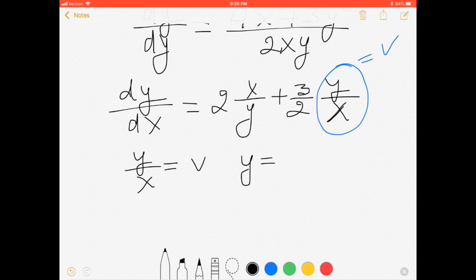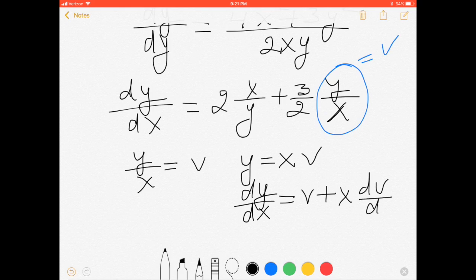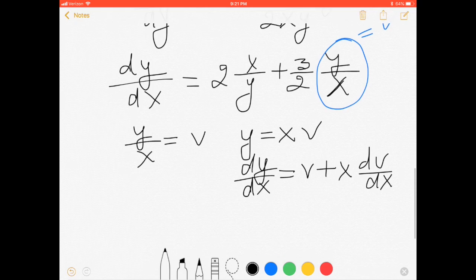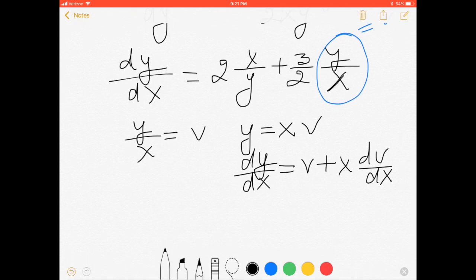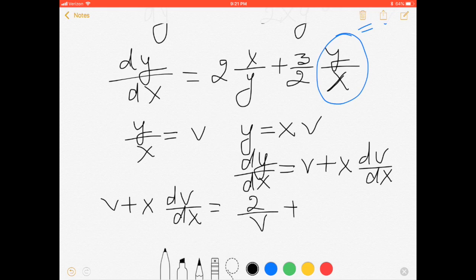This means y equals x times v, and dy/dx will be v plus x dv/dx. And our equation, we can rewrite as v plus x dv/dx equals 2 over v plus (3/2) v.